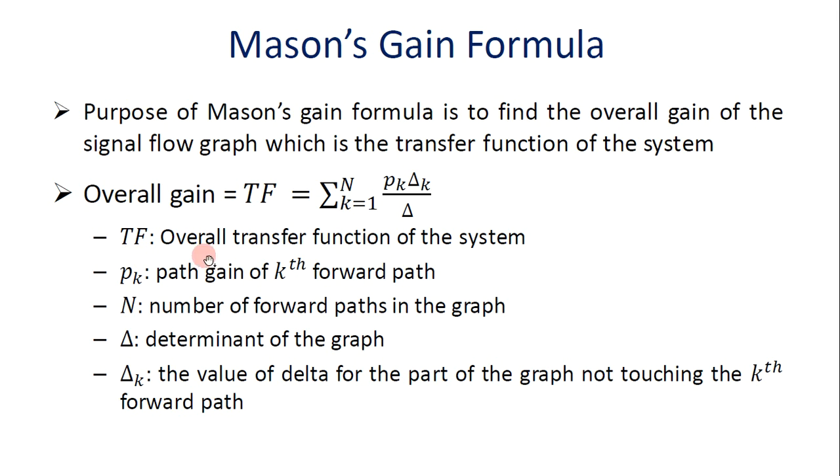Here TF is the overall transfer function of the system, Pk is the path gain of the kth forward path, n is the number of forward paths in the graph, delta is the determinant of the graph, and delta k is the value of delta for the part of the graph not touching the kth forward path. In order to understand this formula, let us go for an example of a signal flow graph.